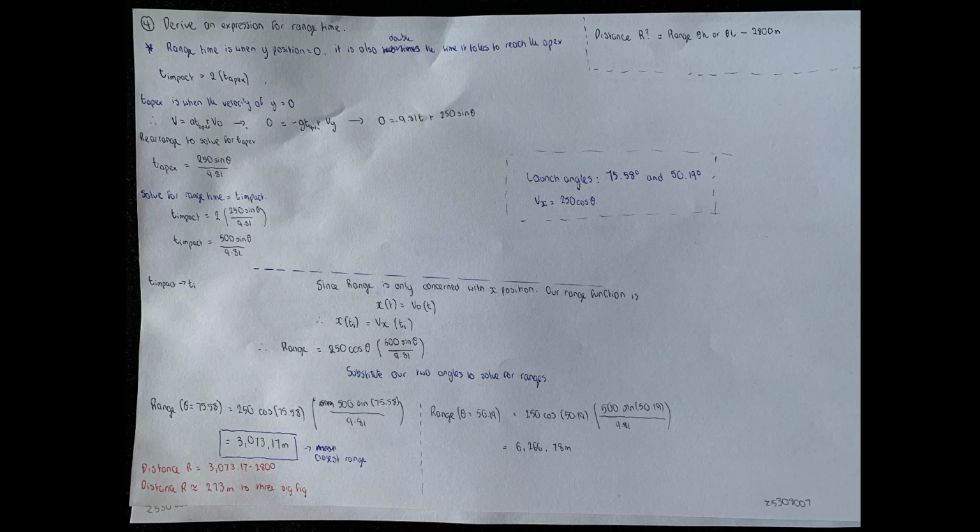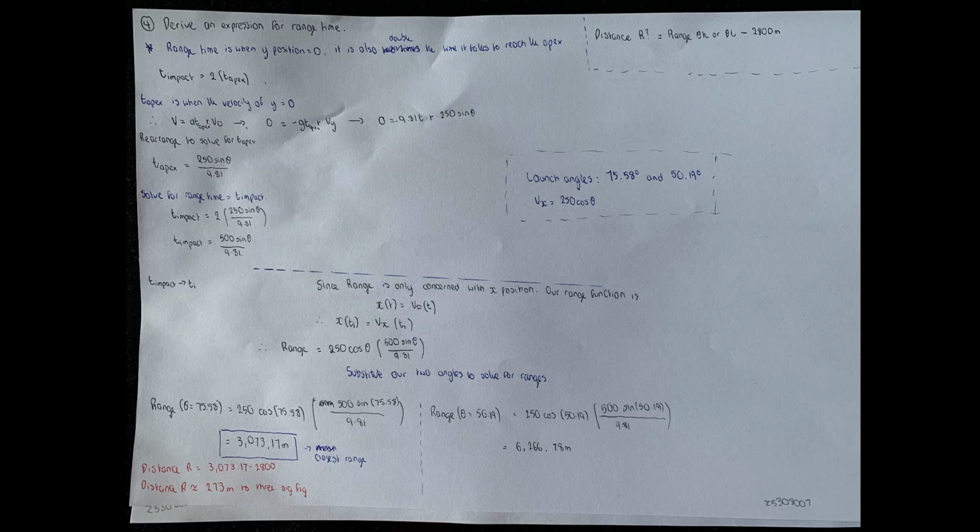The range of 75.58 degrees, as you can see to the left, is just there. You substitute it into the equation, which gives you a total value of roughly 3,073.17 meters. Don't worry, we will address the significant figures in the end when it comes to our answers. All you really do is sub in these two angles into the equation above, which shows below.